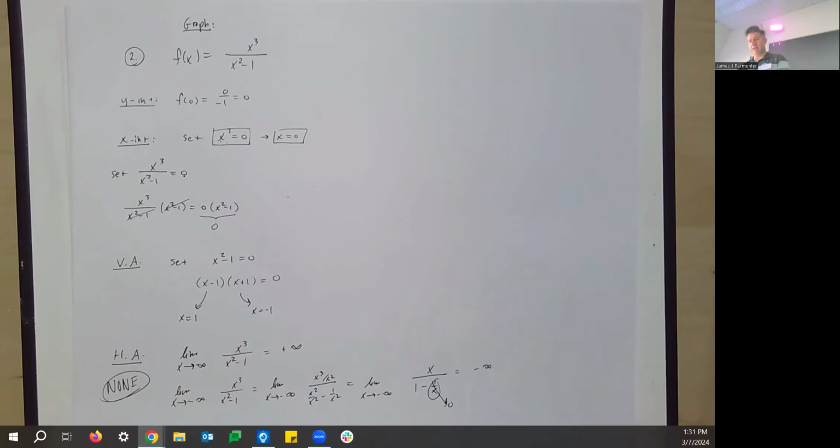Now, here's something I don't think we've talked about, but that is true. If you have a rational function and the degree on top is exactly 1 bigger than the degree on the bottom, which is the case here, we have a slant asymptote, also called an oblique asymptote. So how do we find the slant asymptote? Polynomial division.